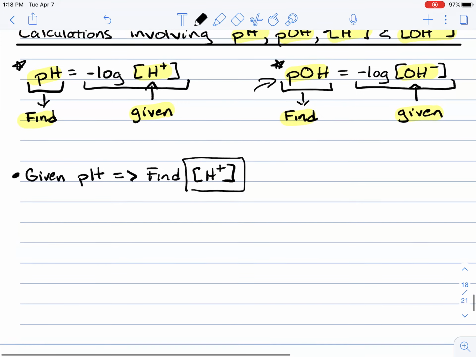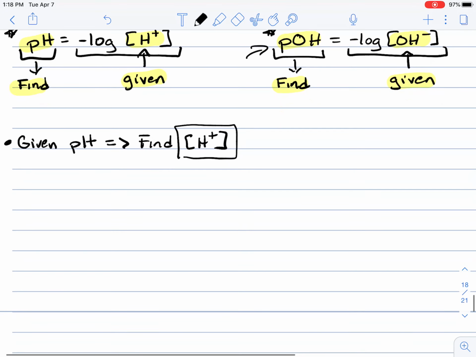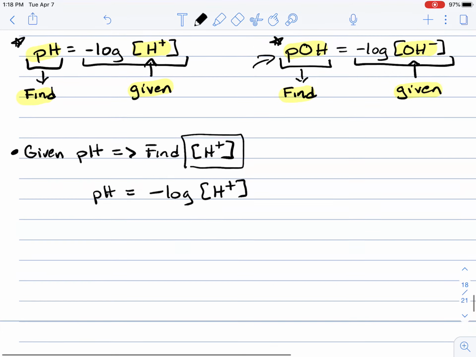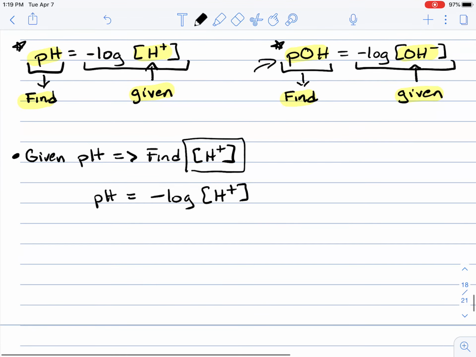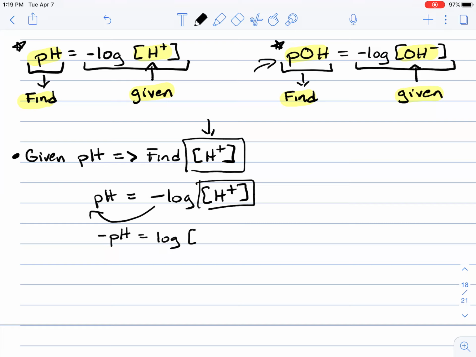Take the equation pH is equal to the negative log of the concentration of hydrogen ion, and solve for the concentration of hydrogen ion, since that's what I want to find. To do that, I need to bring the negative to the opposite side. So I'm going to divide by -1, making it a negative pH, and that equals the log of the concentration of H+.